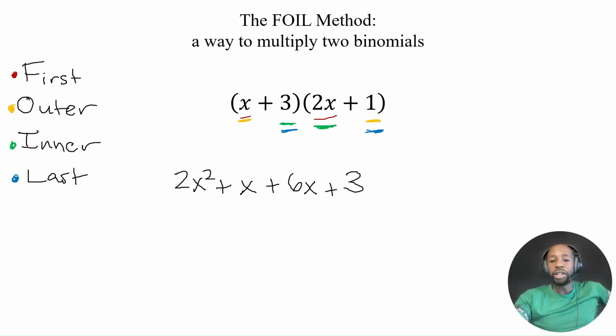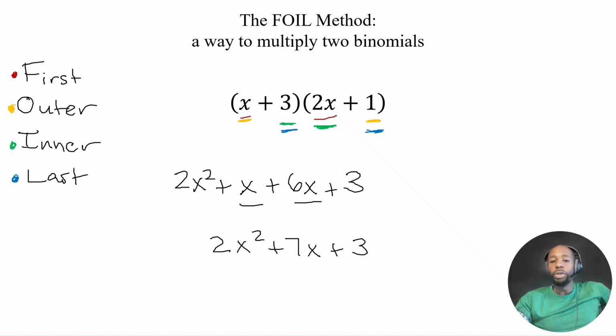We have x. There's another x term, so these can be combined. We have 3, but there are no other terms with no variables, so that can't be combined with anything. So we're going to combine x and 6x. X plus 6x is 7x. So therefore, the simplest version of this now polynomial is 2x squared plus 7x plus 3.